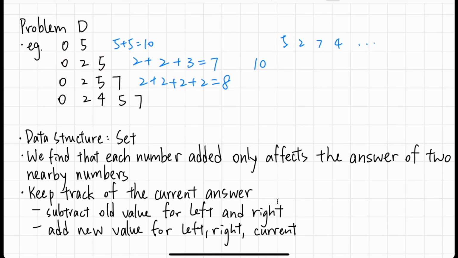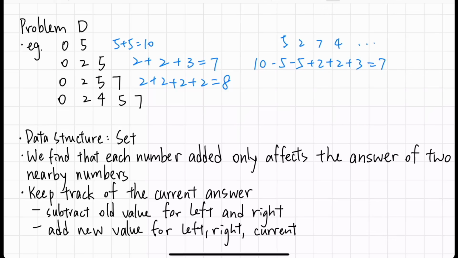So if we subtract the answer for each of them, then we get 10 minus 5, and then we add the answers for each of them back. So each of these three numbers, which is plus 2 plus 2 plus 3 equals 7. I know this seems redundant, but this is only because there are only three numbers here.